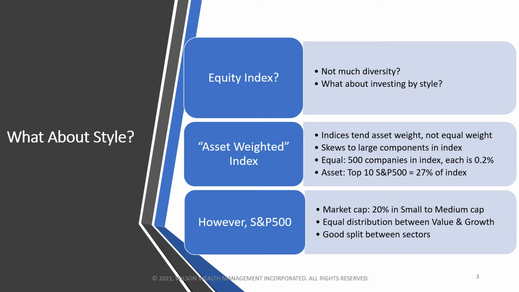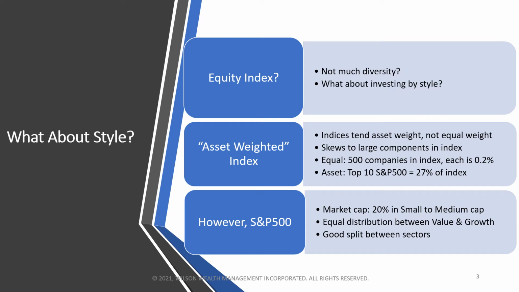So you do get some diversification by market capitalization, even in that index. If you look at the distribution of style by value stocks versus growth stocks, you see that there's probably about an equal mix of value and growth.